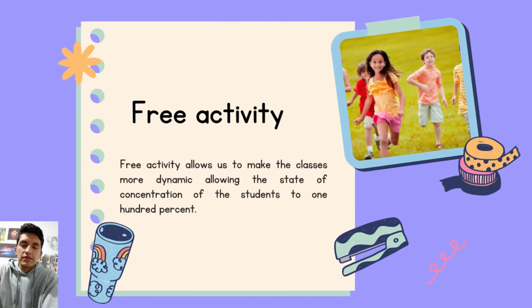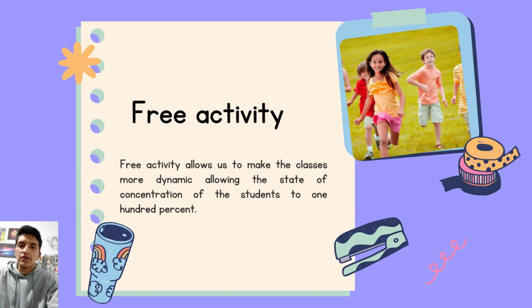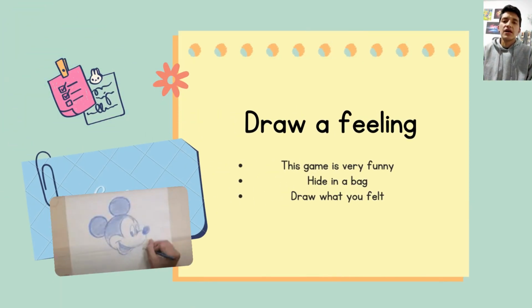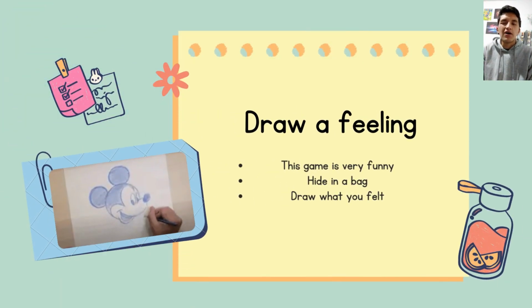My name is David. The free activity allows the class to be more dynamic, allowing the concentration of a student on the other person. This game can be done with one or two children, but it's better when there are several.